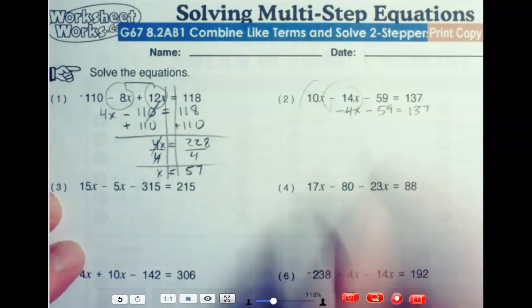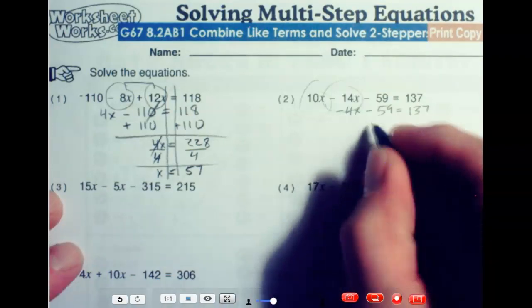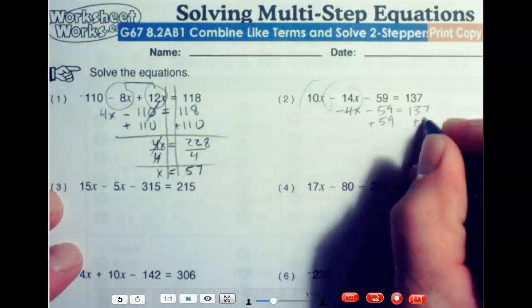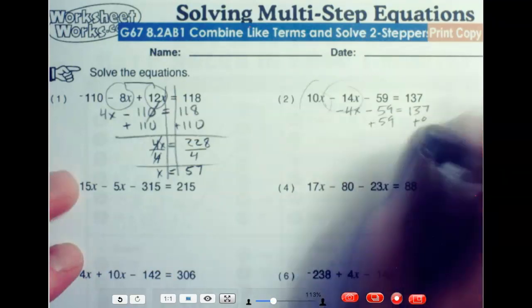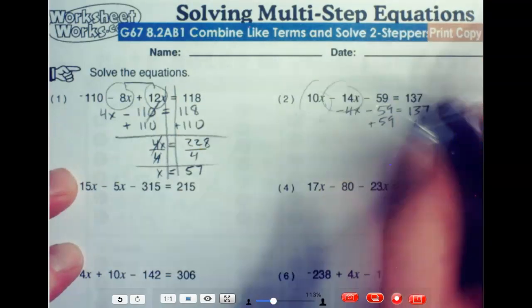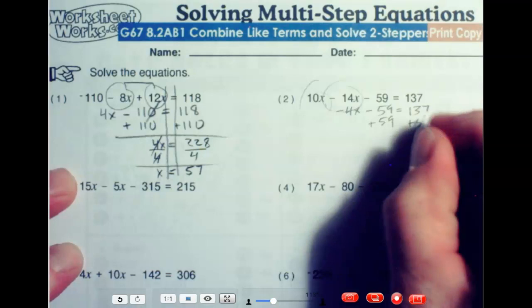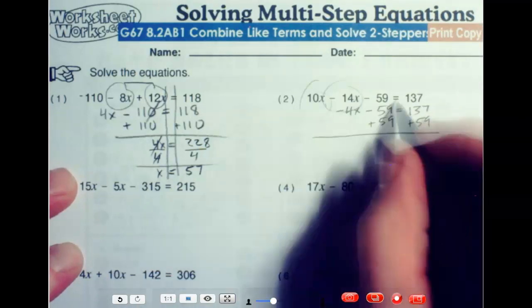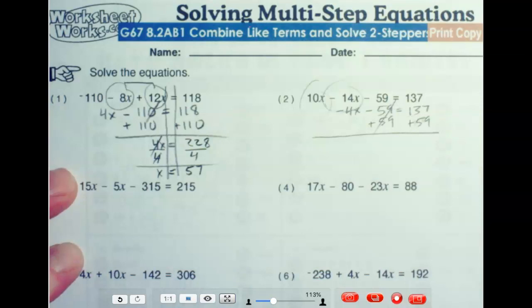Okay, so I am going to add 59 to get rid of that. Those guys cross off. 59 plus 137, that's 196.